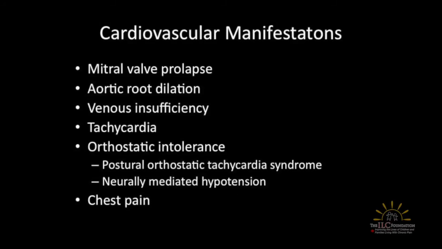Cardiovascular manifestations include mitral valve prolapse, aortic root dilatation, venous insufficiency, tachycardia, orthostatic intolerance with postural orthostatic tachycardia syndrome or neurally mediated hypotension, and also chest pain, which is usually not related to what we think of as typical angina or cardiovascular disease, but is more typically a so-called atypical chest pain.